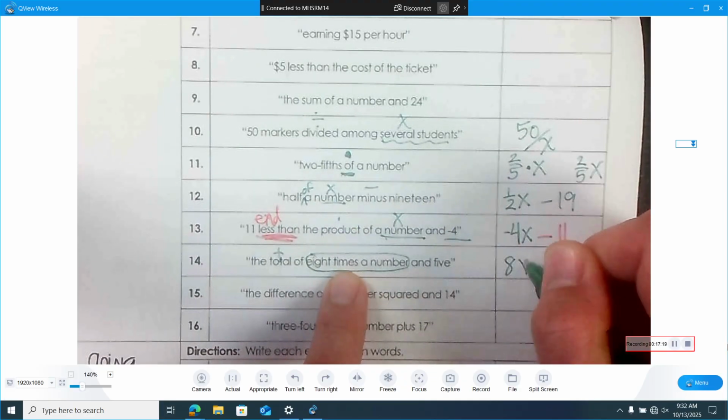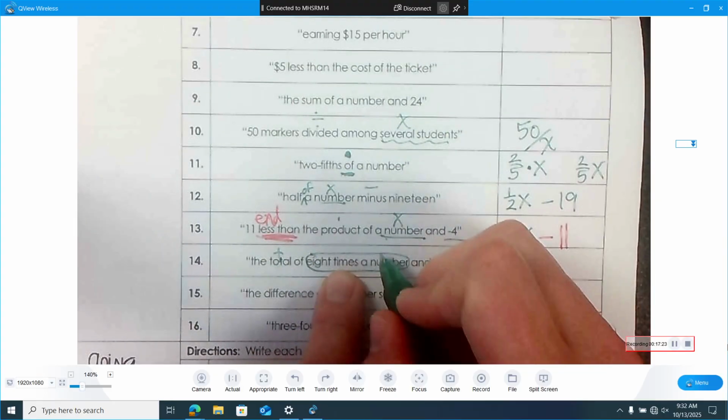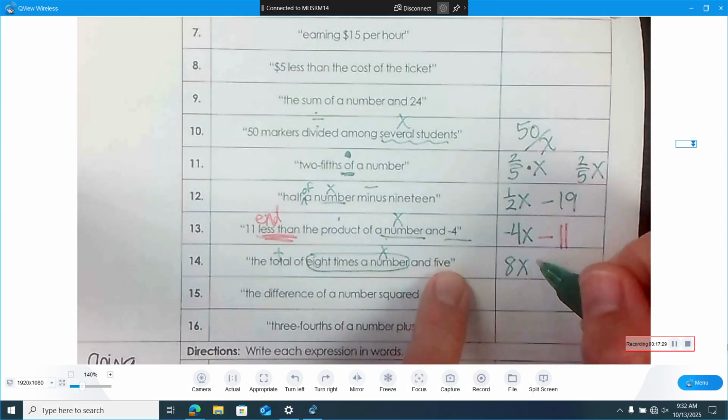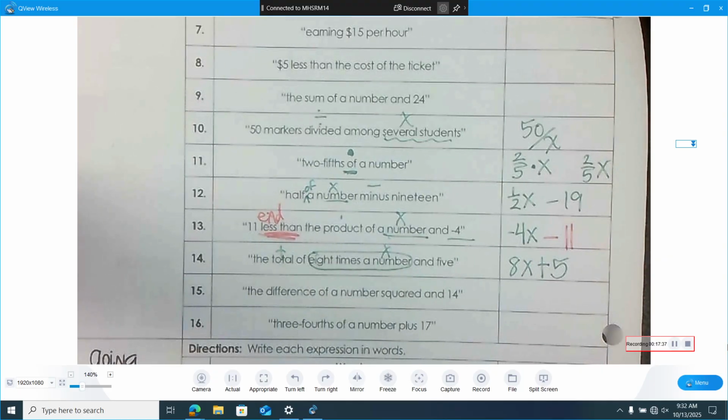Multiplication. 8 times the number x. 8 times some number we don't know called x. And then the total is that thing and 5. So the sum of 8x and 5. The total of 8 times the number and 5. Those are pretty challenging.